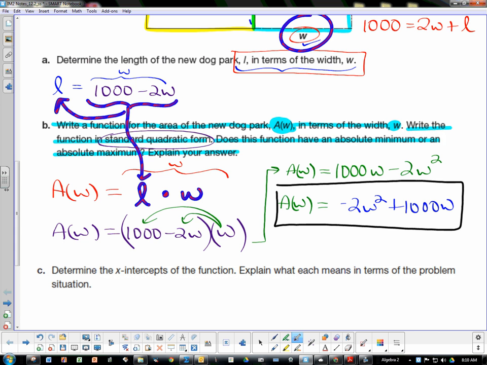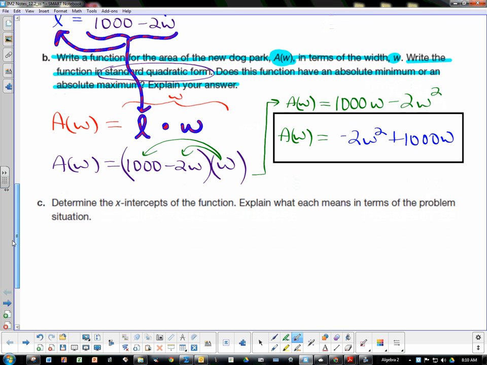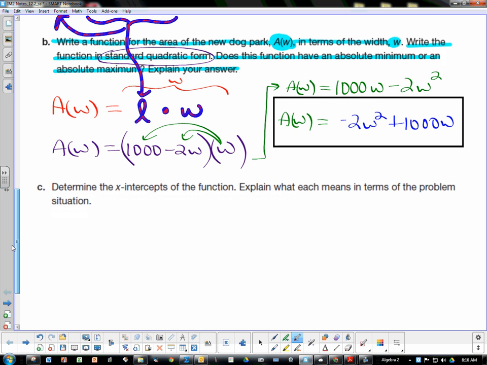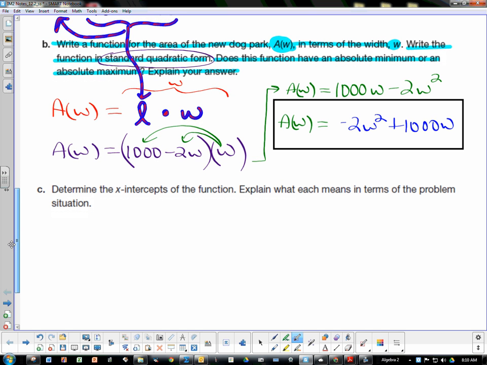Now, determine the x-intercepts of the function and explain what this means in terms of the problem situation. I can't emphasize this enough. Question? They also ask for the absolute minimum or maximum. Oh, on this one, yes, absolute minimum or maximum. Okay, perfect, thank you.